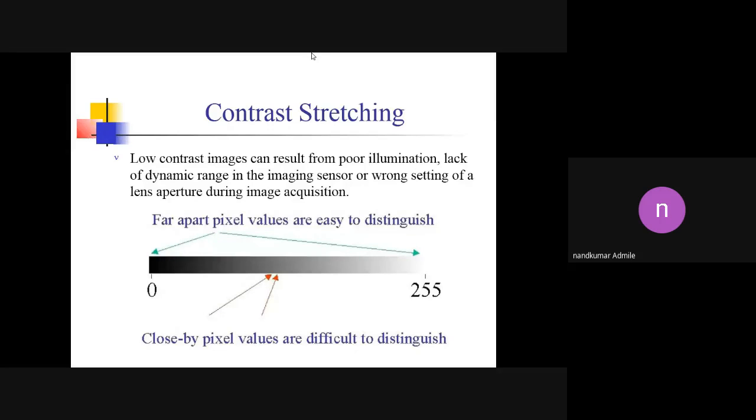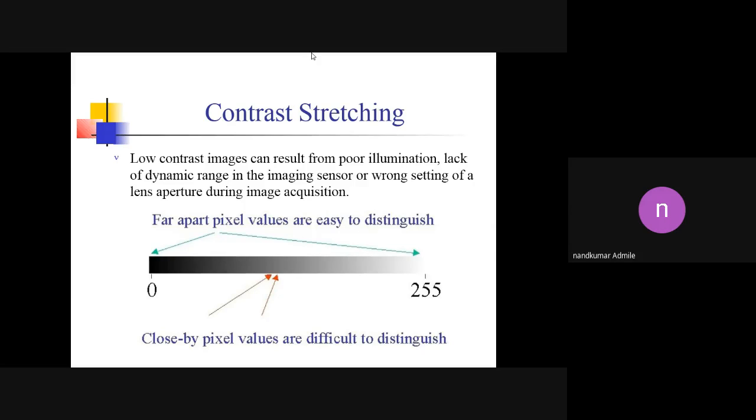As the image is 256 by 256, the pixels range from 0 to n minus 1. So n minus 1 is 256 minus 1, which is equal to 255. So we can represent the range as 0 to 255.